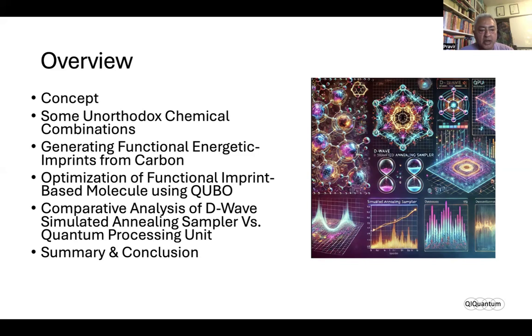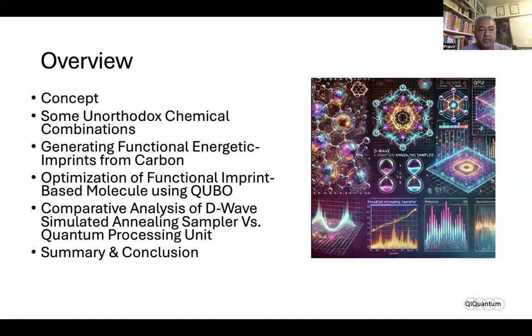I'll go over the idea of energetic imprints by considering carbon as a representative atom, and then I'll briefly go over the optimization of functional imprints using a QUBO, which is a quadratic unconstrained binary optimization approach.